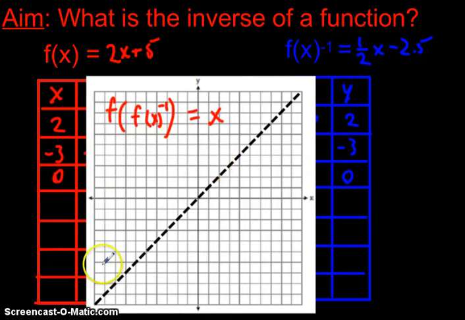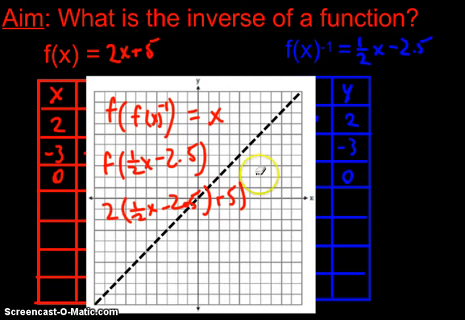So if you plug 1 in, you get this line. Okay, the inverted line, the mirror line. So that would be f of 1/2 x minus 2.5. So that's 2 times 1/2 x minus 2.5 plus 5.